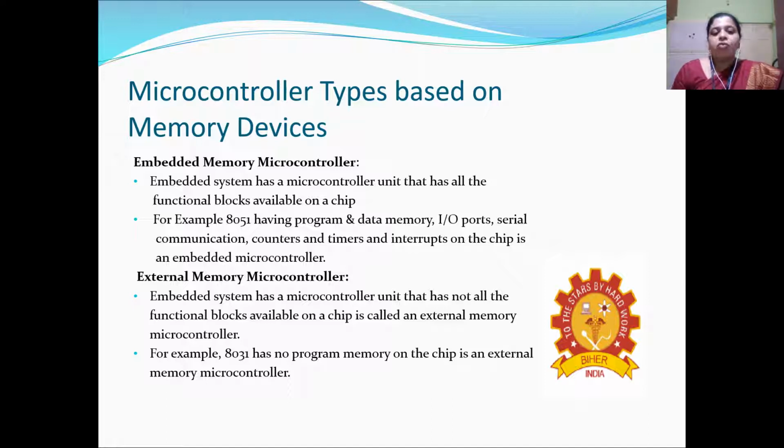That type of microcontroller is called an embedded microcontroller. Whereas an external microcontroller doesn't have all the functional blocks available in a single chip. Here it doesn't have a program memory, so it is called an external memory microcontroller.